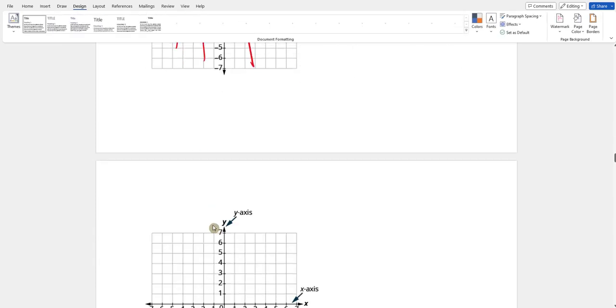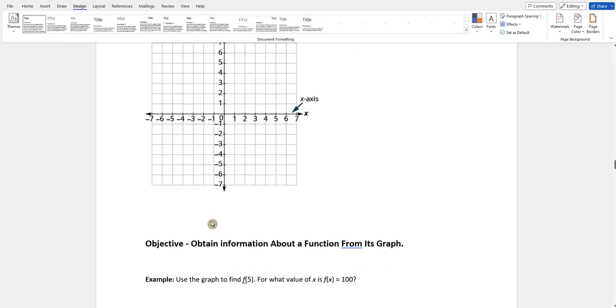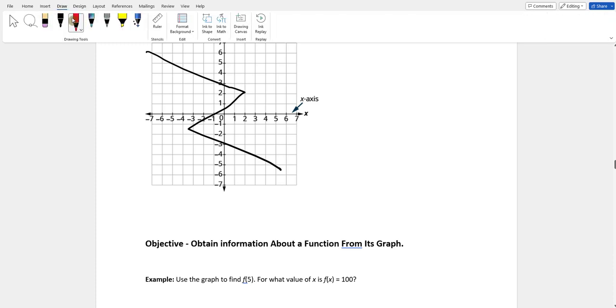Let's do another one. Let's say I have this graph here. And I wanted to do a vertical line test. So let's say I drew a vertical line over here. It hits the graph once. But let's say I draw a vertical line here.